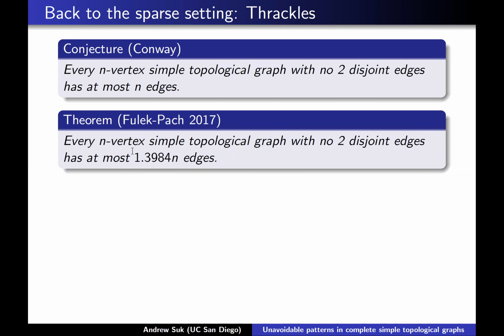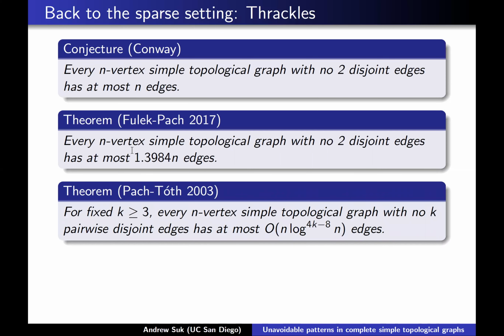But either way, we know that the number of edges in a thrackle is at most linear in the number of vertices. And then you can play the same game as before. Can you generalize? If you have a simple topological graph with no k pairwise disjoint edges, is it true that the number of edges is at most linear in the number of vertices?